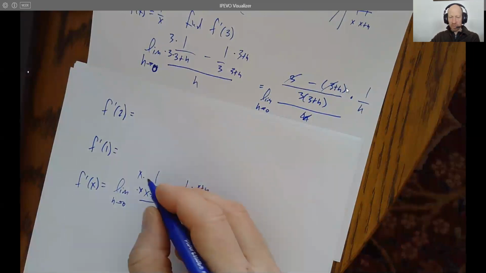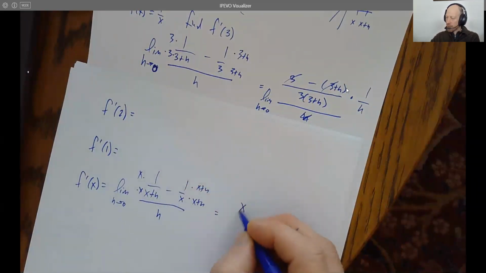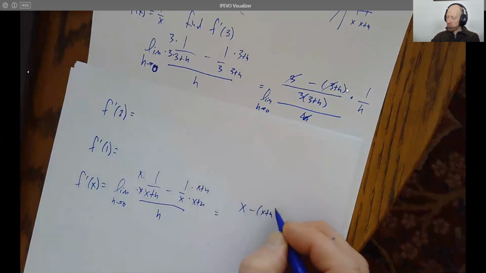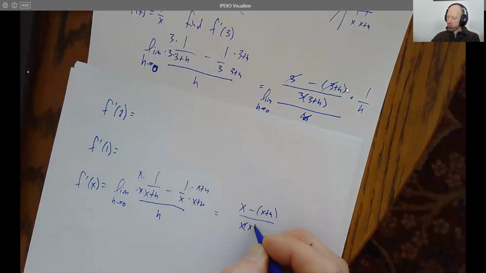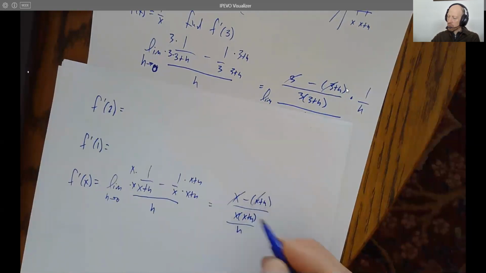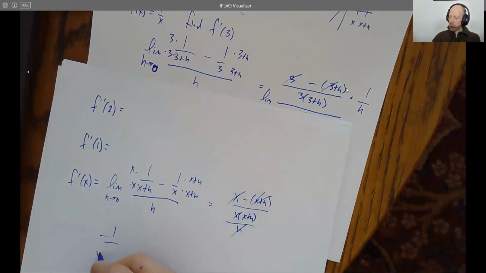It's going to really reduce the same way. x minus x plus h, over x times x plus h, over h. The x's cancel, the h's cancel, and I get negative 1. The h goes to 0. I get negative 1 over x squared.